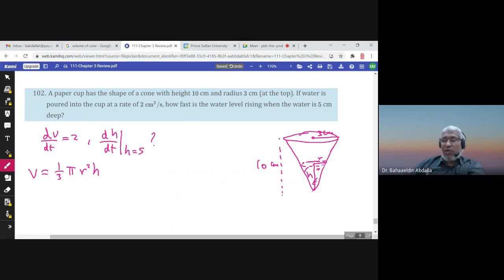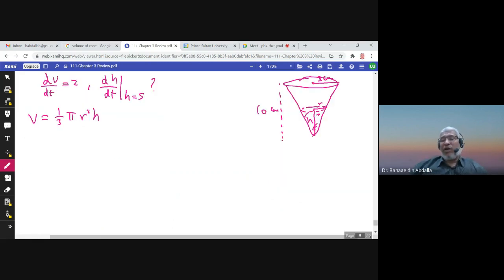The volume of the water, the radius of the water, the height of the water, all of them are changing. Now I need dh by dt, so r is not needed here. So it would be fine if I write r in terms of h. So I need to find the relation between r and h.